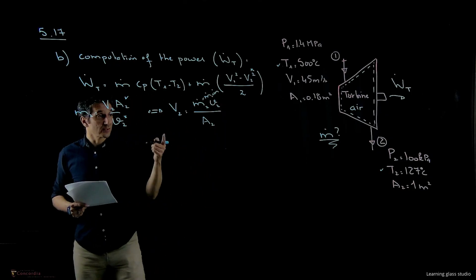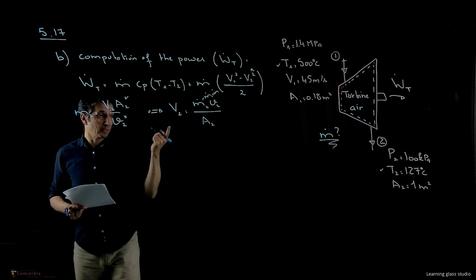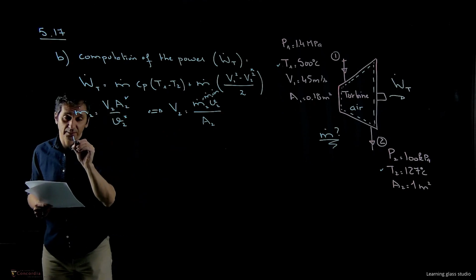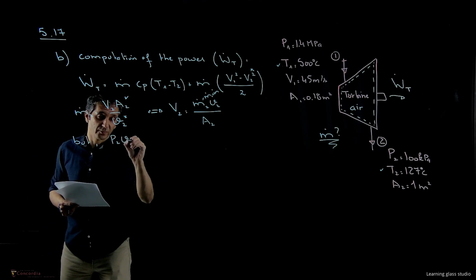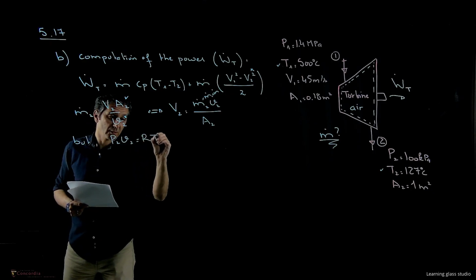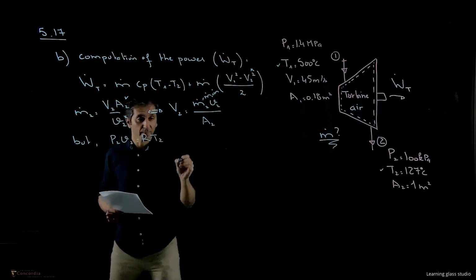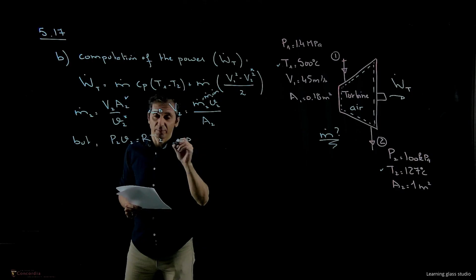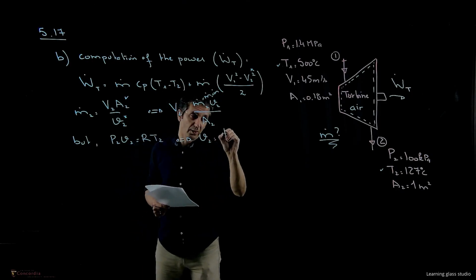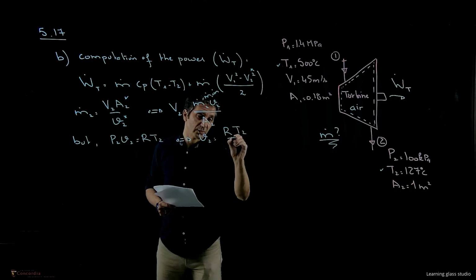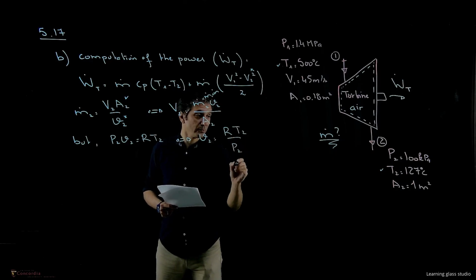For the specific volume v2, are we dealing with an ideal gas? Yes. So P2 v2 is equal to R T2. This is equivalent to saying that our specific volume v2 is equal to R times temperature T2 over P2.